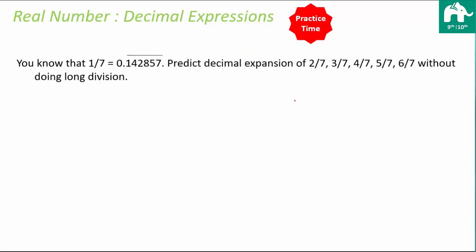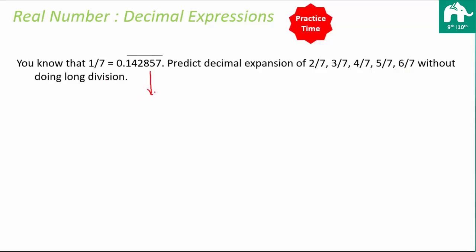You know that 1 by 7 is equal to 0.142857, where this entire thing keeps repeating. Predict the decimal expansion of 2 by 7, 3 by 7, 4 by 7, 5 by 7, 6 by 7 without doing long division. That's pretty simple. So if we know 1 by 7, how do we find 2 by 7? By multiplying it by 2. Simple.